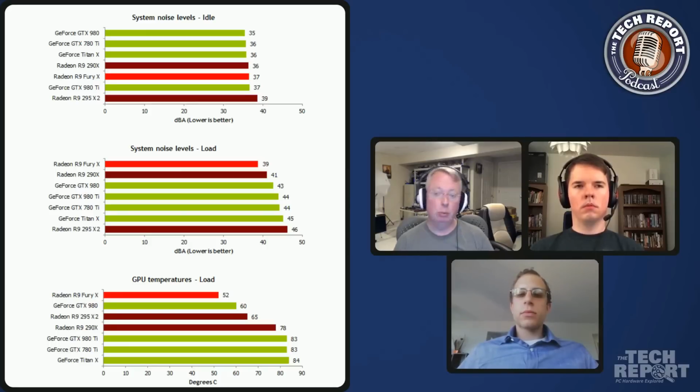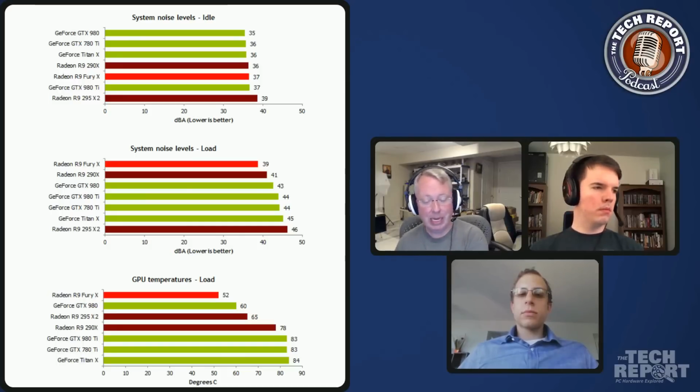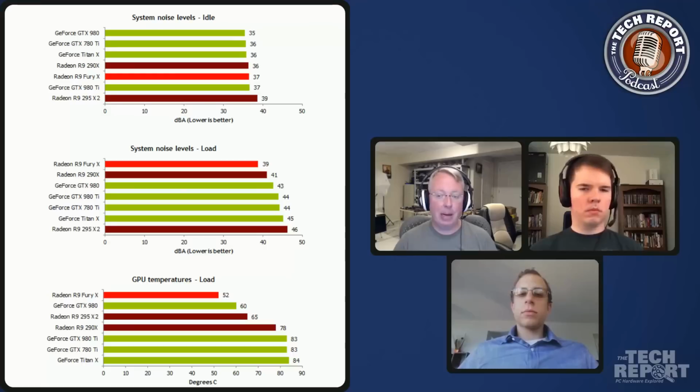And the review cards did better than the retail cards, if you recall. And they kind of fixed that by going to aftermarket coolers that were bigger and beefier. That product became, don't buy the reference card. And by doing water cooling, I think they can deal with some of the power density issues a little bit better. And so I think that's another reason why we have water cooling here.